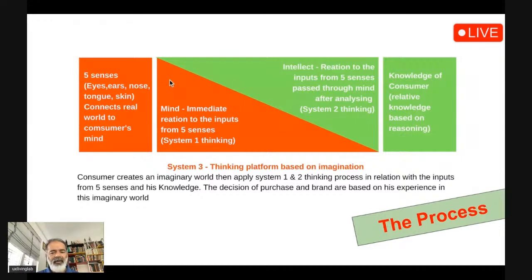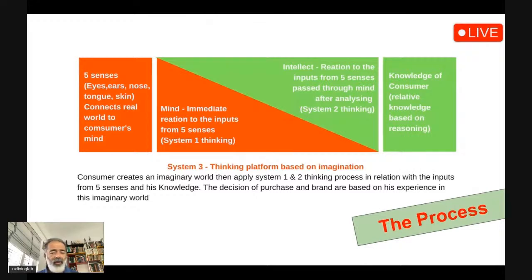Then immediately, in system two, that information will be passed on to your intellect, and the intellect starts thinking. That is the reaction to the input from five senses passed through the mind after analyzing. So the intellect will take the input from the mind, and will react logically.